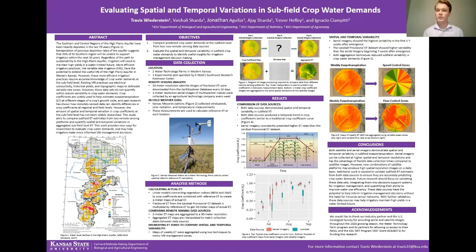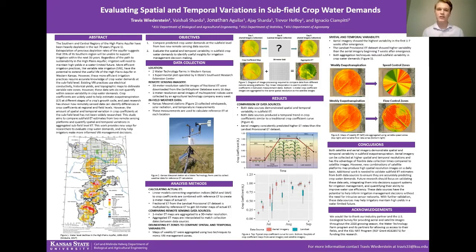Another technique that I use is a clustering method that groups these maps of crop water demands into clusters that are similar to those that you would see if irrigators have control over the speed and the flow rate of water to individual spans or groups of nozzles on their center pivot.